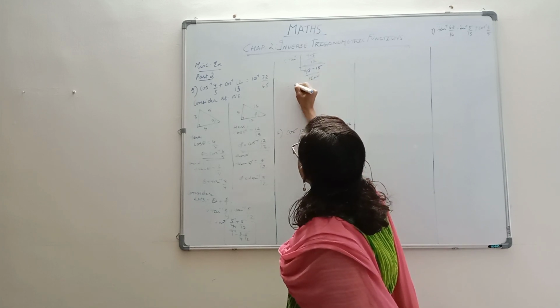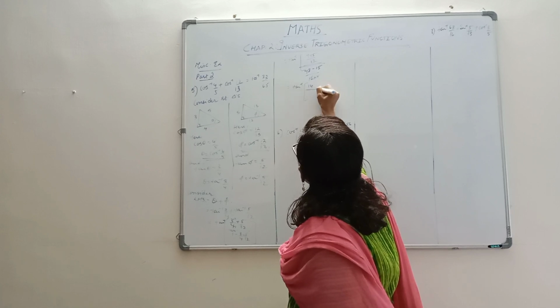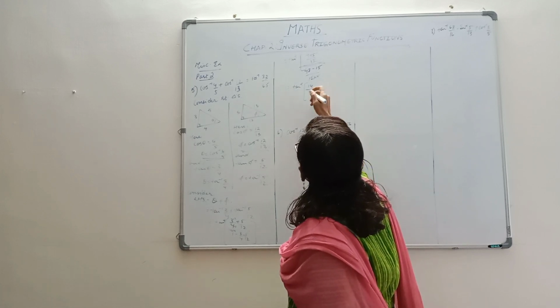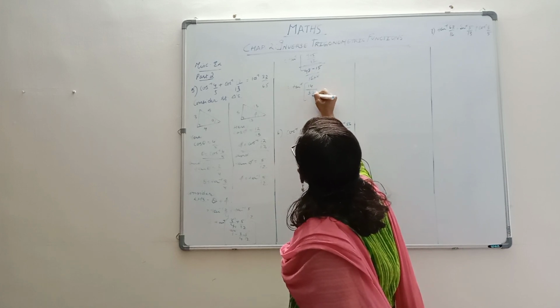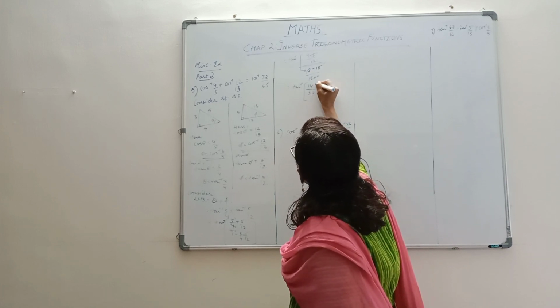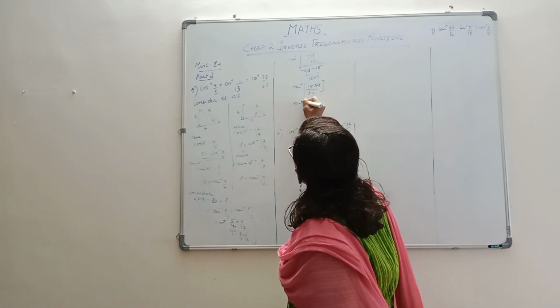Let's have it simplified. This is tan inverse of 9 plus 5 is 14, and here 48 minus 15 is 33, by 4 divided by 4. Dividing by 33 by 4 means multiplication by the reciprocal. So this will become tan inverse of 56 by 33.